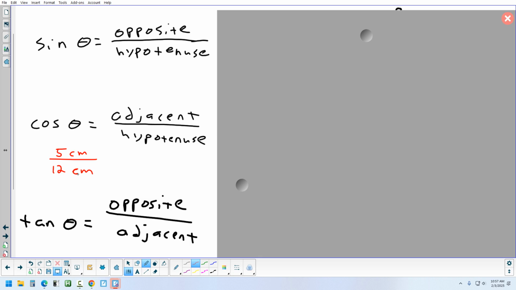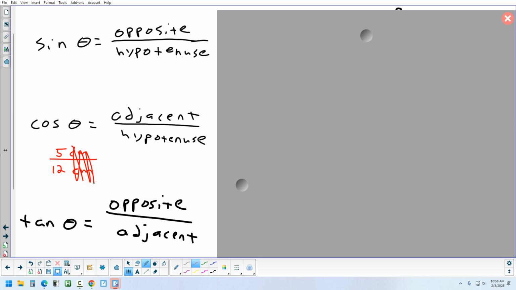The centimeters cancel out because you're dividing a length by a length. When you divide a length by a length, there is no unit on the final answer. The answer is just a number, no label. That's why when we do trig, we normally don't put the length label, because it's going to cancel out. We don't need it. So those are our first 3 trig functions.